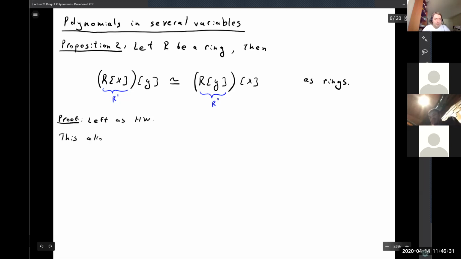This allows one to introduce definition 2.